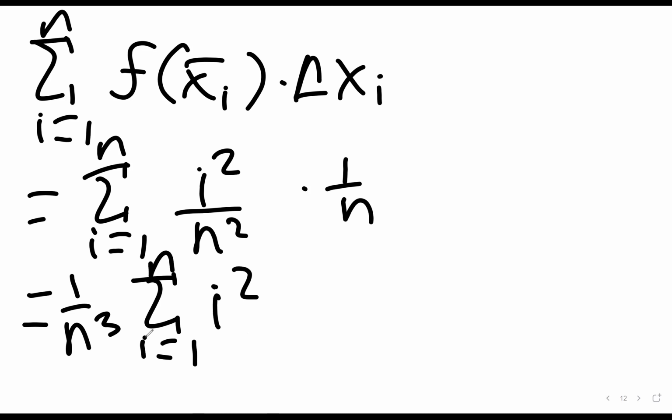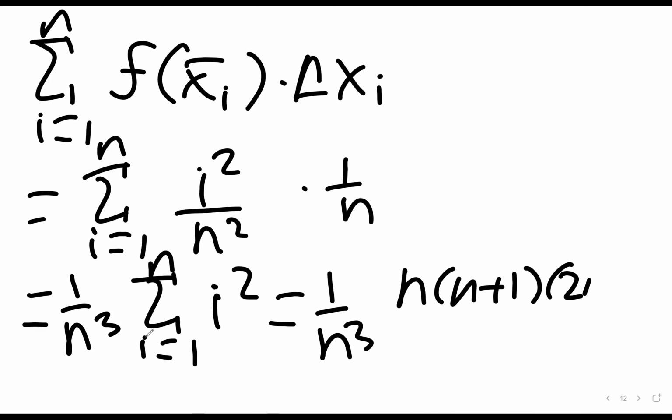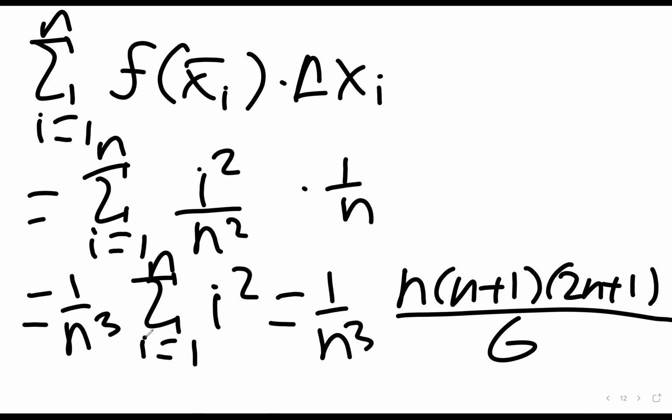And what is the formula for the summation of i squared here? That is n times n plus 1 times 2n plus 1, divided by 6, right? Do you know this formula?